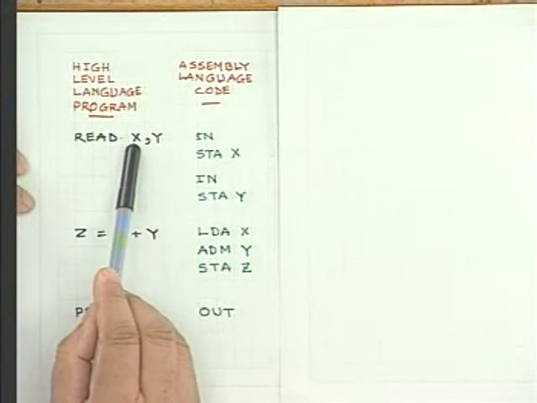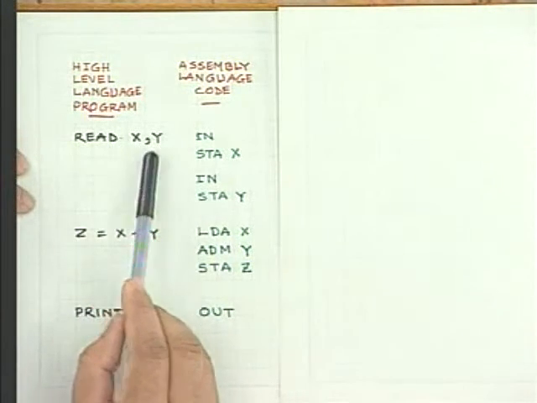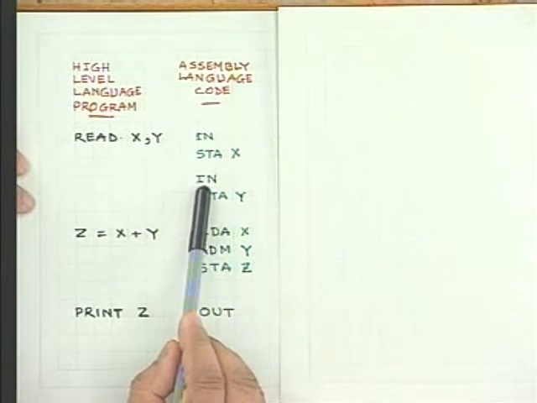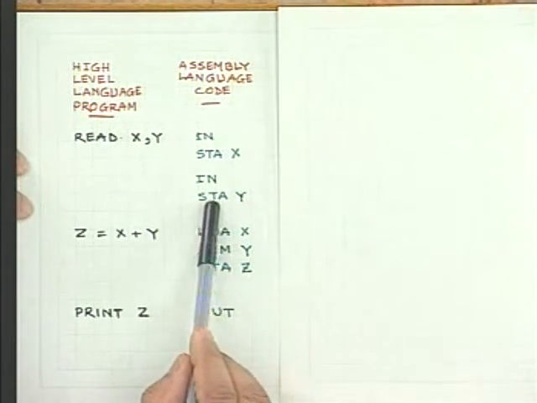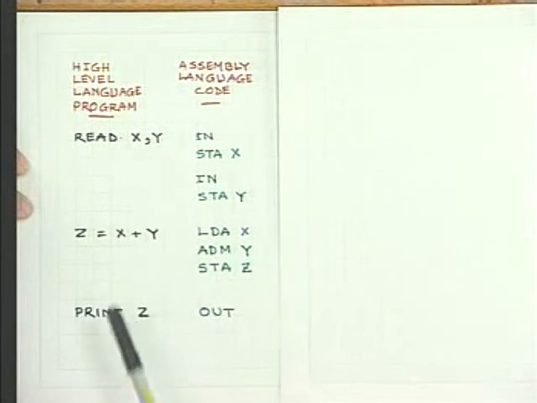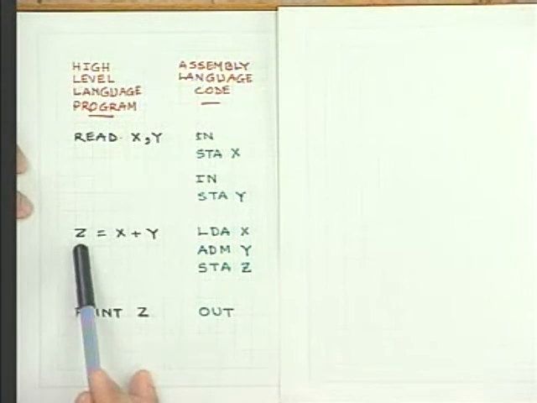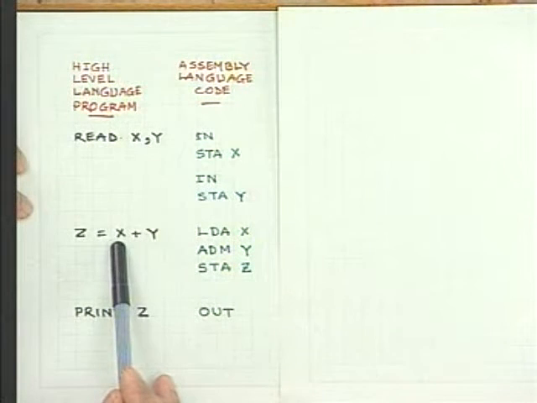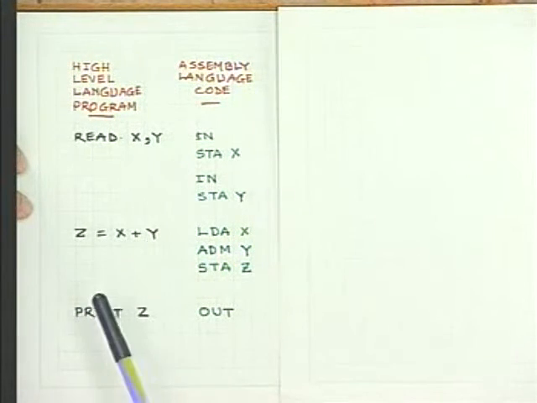That is, read x is over, then it is read y once more. That means from the standard input device, another 2 bytes are read, and then it is storing that accumulator into the y location. Then here I am computing z equal to x plus y.